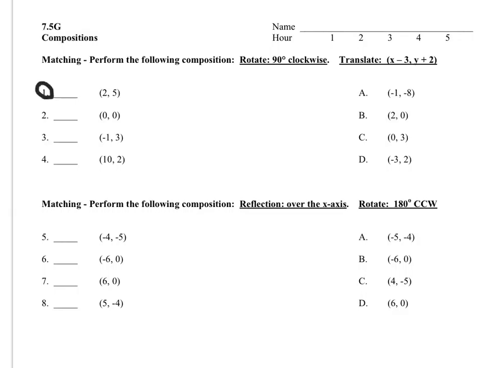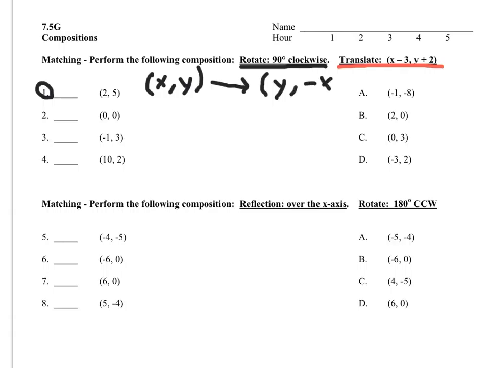In this section, it tells us that it wants us to take this point and rotate it 90 degrees clockwise. And then after we've done that, we'll take our new point and translate it 3 units to the left and 2 units up. So in order to do that, we take our original point, and to rotate it 90 degrees clockwise, we've learned this week that our original point, x comma y, gets mapped to our new point, where our new x value becomes what our old y value was, and our new y value becomes the opposite of our old x value.